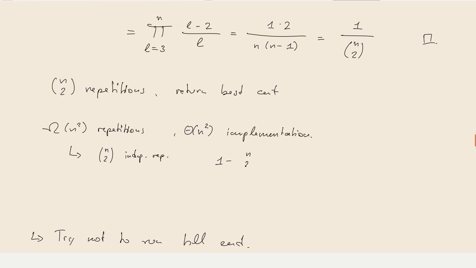1 over n choose 2, that's the probability that a single run fails, which is a relatively large number, close to 1. But if we take that to the power of n choose 2, then what we get is actually bounded by 1 over e.